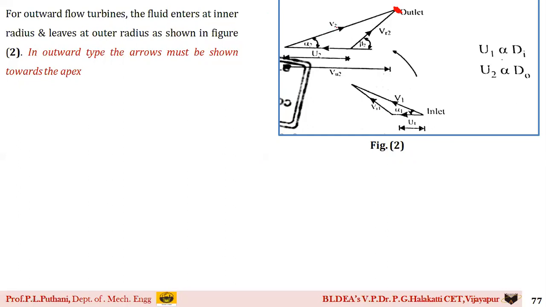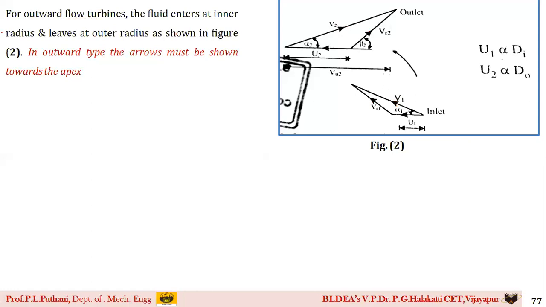If you observe the outward velocity triangles, the arrowheads are shown moving outwards, towards the apex, which means moving away from the axis of the shaft. We call this the case of an outward flow turbine. So always keep in mind, for the outward flow turbine, the arrowheads are shown outwards towards the apex, whereas for the inward flow turbine they are shown towards the base.